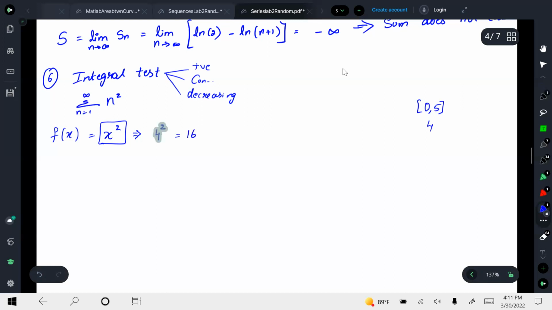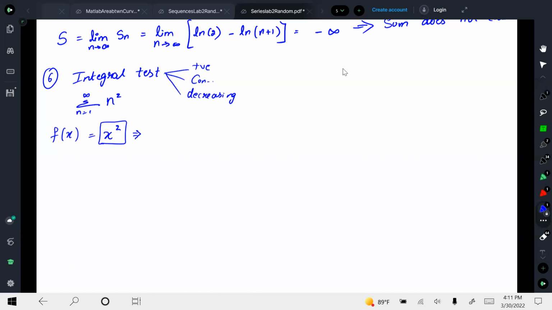Now, if I do this for any number, will it be positive or negative? It is a very simple question.